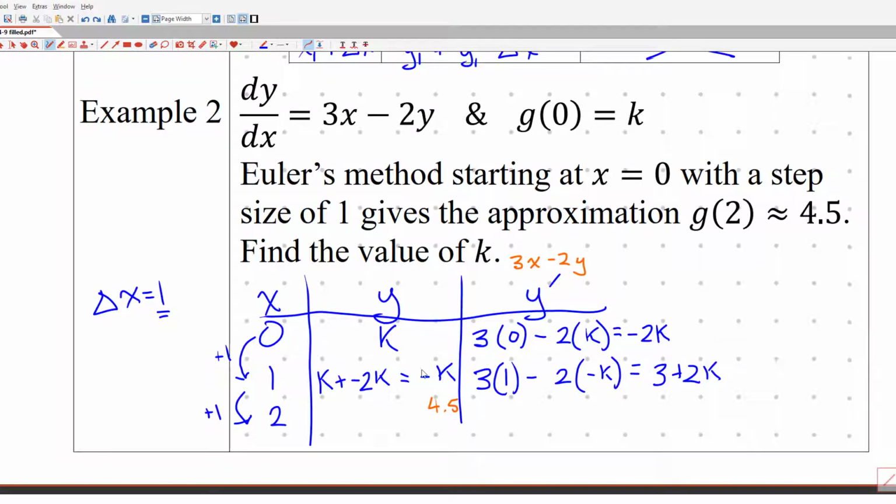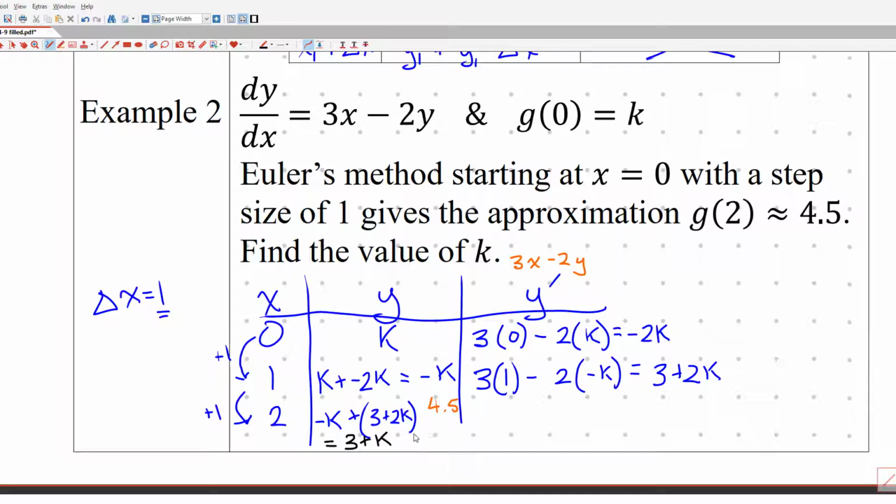And how am I going to do this? I'm going to take my old value of y. My old value of y was negative k, and I'm going to add on this times the step size, which again is just 1. So I'm really going to add on 3 plus 2k. So plus 3 plus 2k. And if I simplify that, I get 3 plus k.